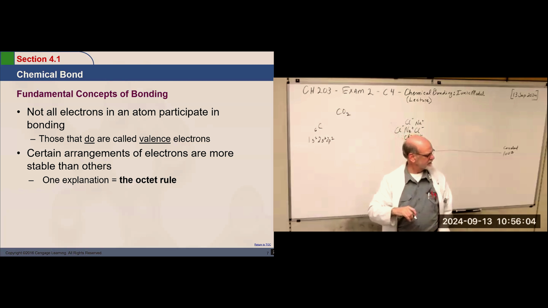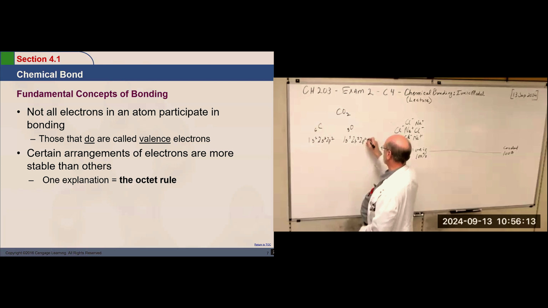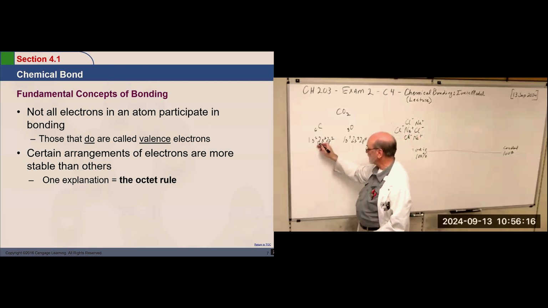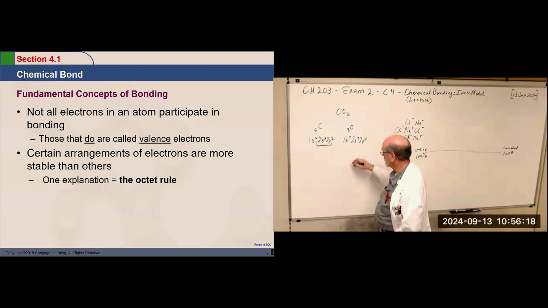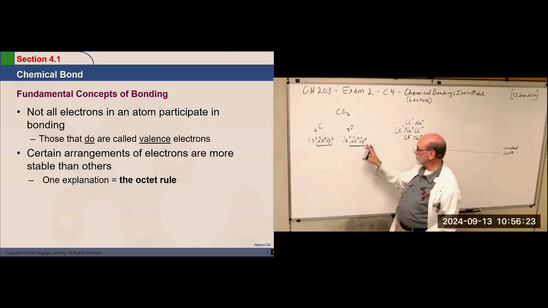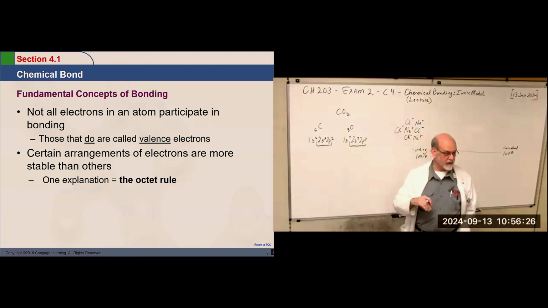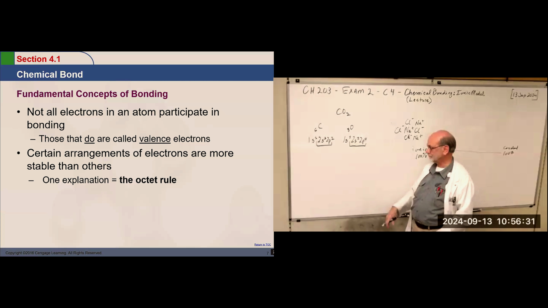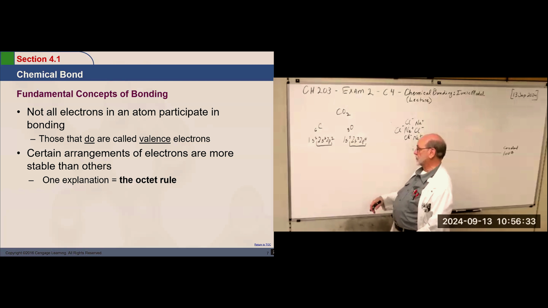So each oxygen would be 1s2, 2s2, 2p4. These are the valence electrons for carbon. These are the valence electrons for oxygen. Those are the ones that participate. And since carbon and oxygen are both nonmetals, they have to share. Well, I don't want to get into that much detail yet. Let's just go to the next point.